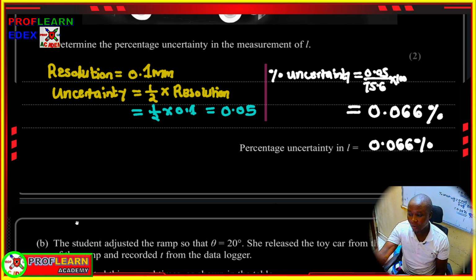Something you need to understand is that percentage uncertainty in the IAL exam is always given correct to 1 decimal place, 1 significant figure, or 2 significant figures, nothing more than that.